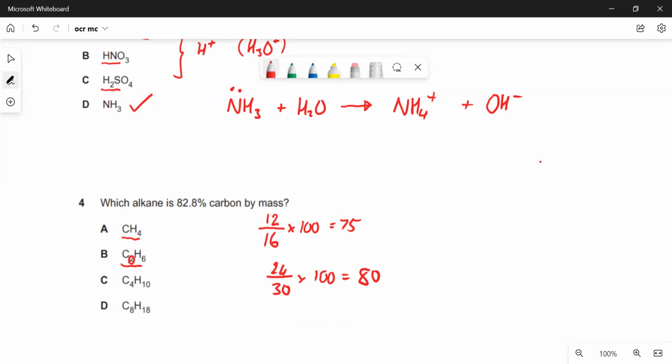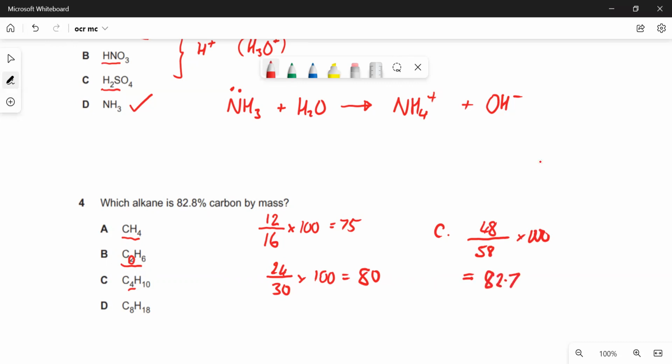So let's have a look at C. So that's butane, which has got an Mr of 58. There's 4 carbon atoms, so 4 times 12, 48, over 58 times 100. That gives you 82.74. So that's the one.